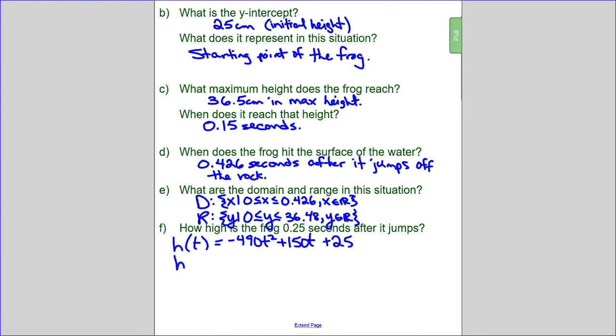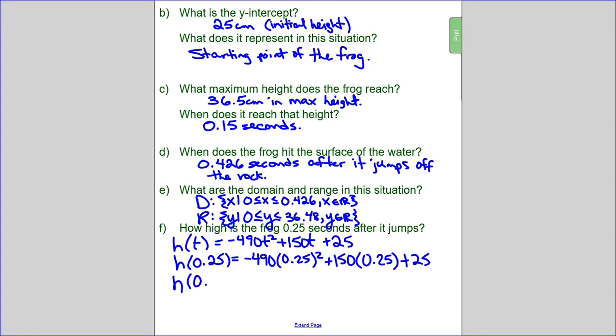So h(0.25) = -490(0.25)² + 150(0.25) + 25. By plugging in that 0.25 seconds, it's going to tell me the height at that time.